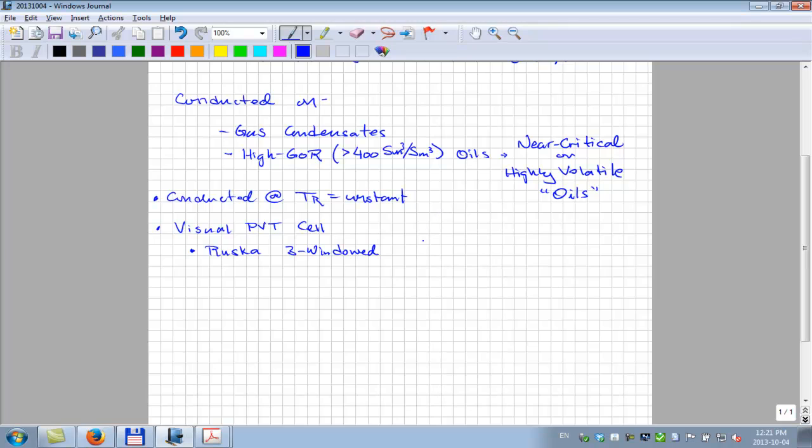This was actually intended to be used with mercury as the material to pressurize and change the volume of the cell. So you add and remove mercury, which hangs down at the bottom of the cell because of its high density. And then you've got some mercury-free type cells. There's probably some up on the 4th and 5th floor at Syntec Petroleum.